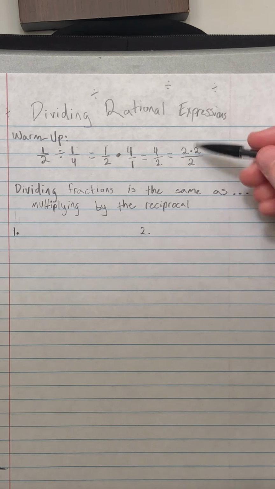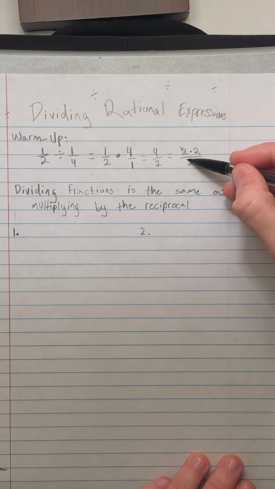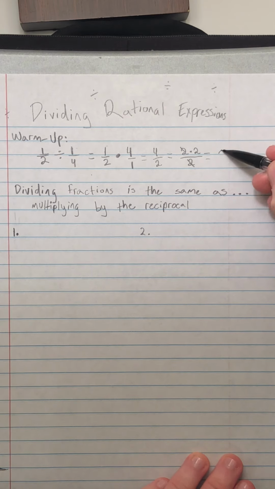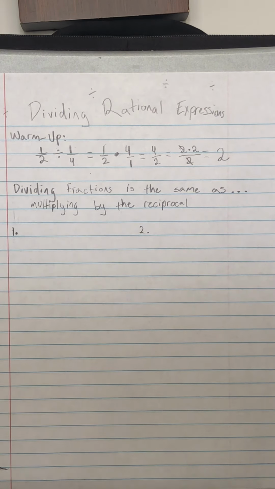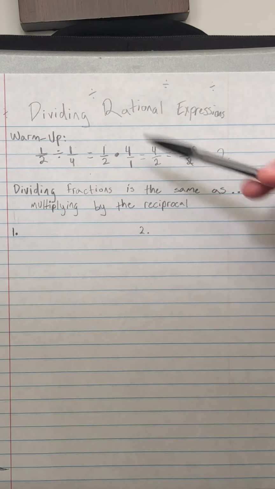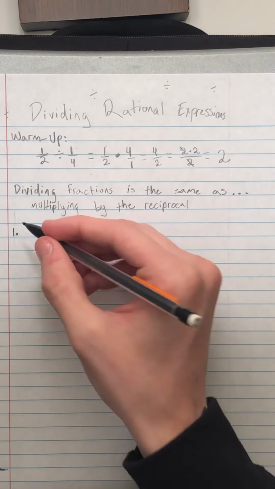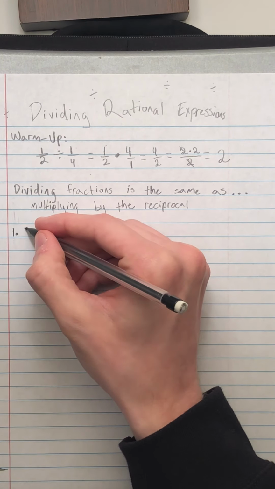And I can then cross out, well, I have a 2 on top and a 2 on bottom, so I'm just left with 2. So like I said, it's like our problems we've been doing in the past, but this little division symbol in the beginning will be changed to multiplication, and we'll flip this second fraction. So let's go ahead and jump in with a problem and practice this idea.